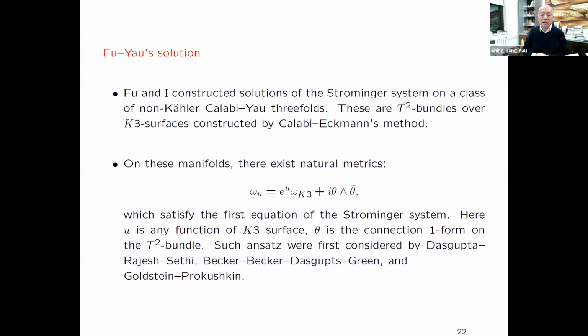And I take the connection 1-form on the T2 bundle, and you take theta wedge theta bar. Such metrics are interesting, but in order to make them satisfy the Strominger system takes much more work.